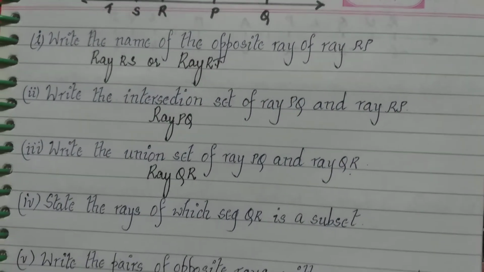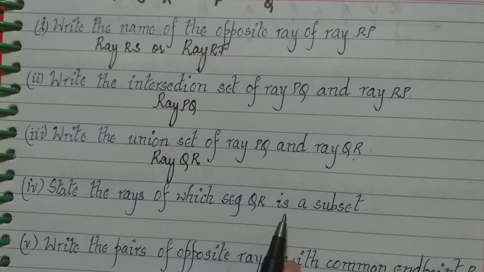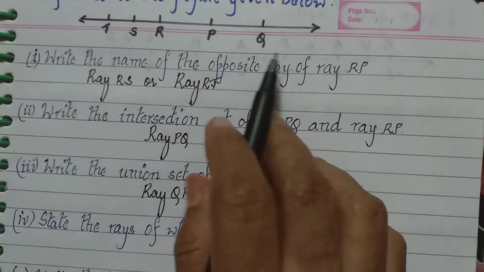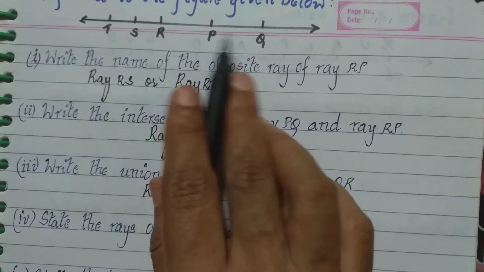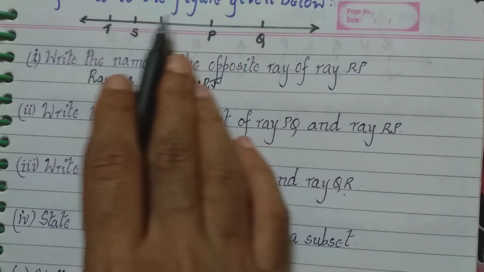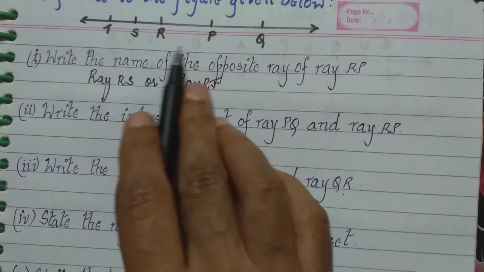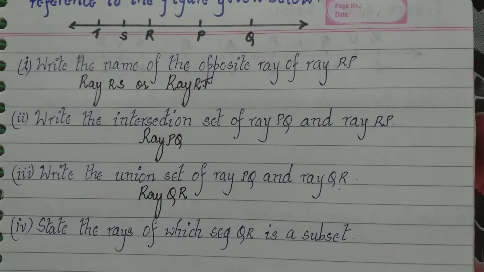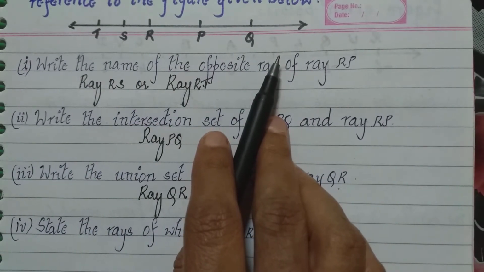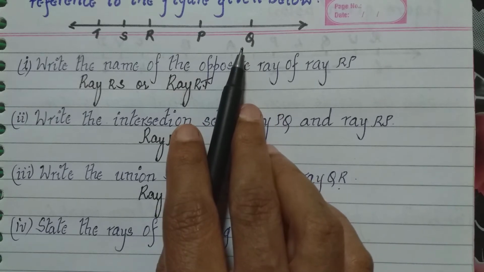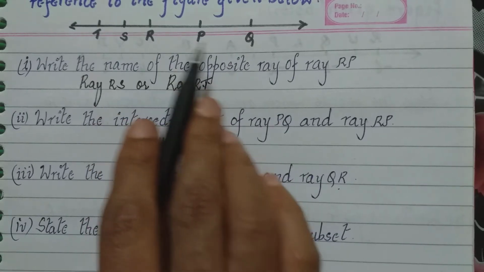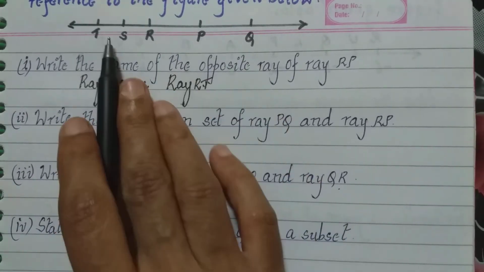Coming to the next question, state the rays of which segment QR is a subset. So segment QR has to be a subset. Now what is the meaning of subset? It is a smaller set of a bigger set. So in which will this segment QR be a subset? So we name the rays starting from Q. So we have ray QR, ray QS, ray QT.